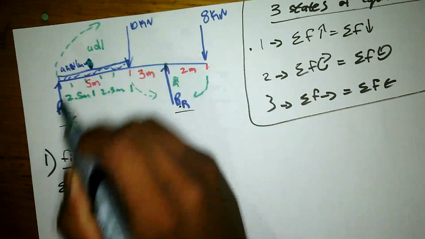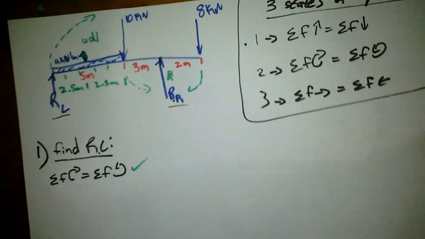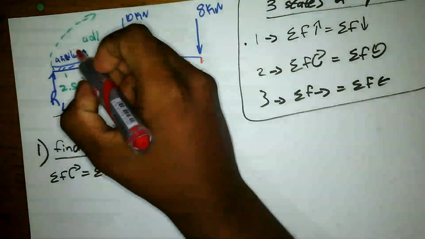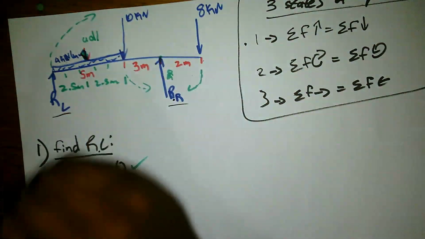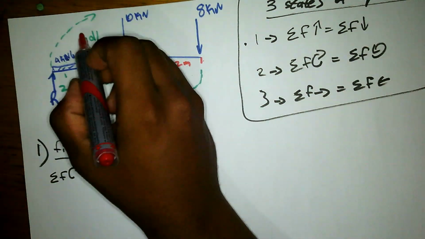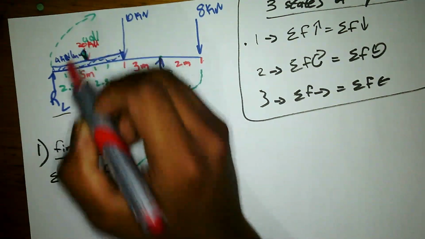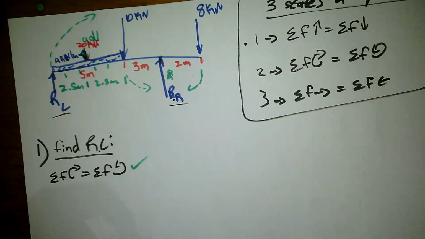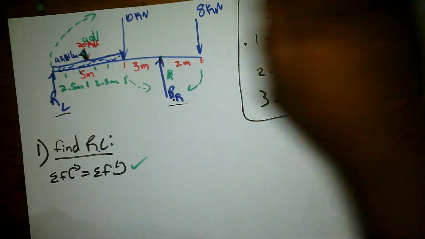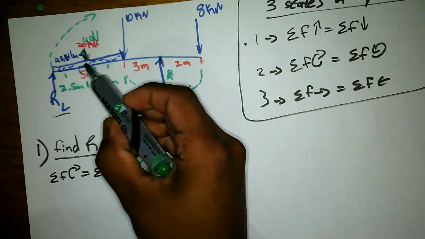Now, let's change the color to red. To give us a point load of 4 times 5, which gives us 20 kilonewtons. So 20 kilonewtons point load for that UDL there, in the center.